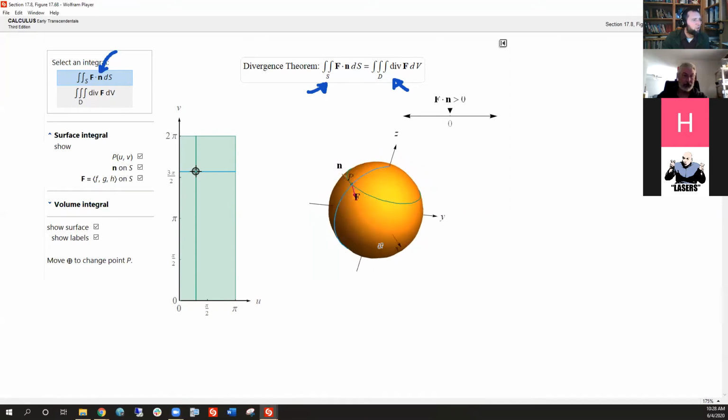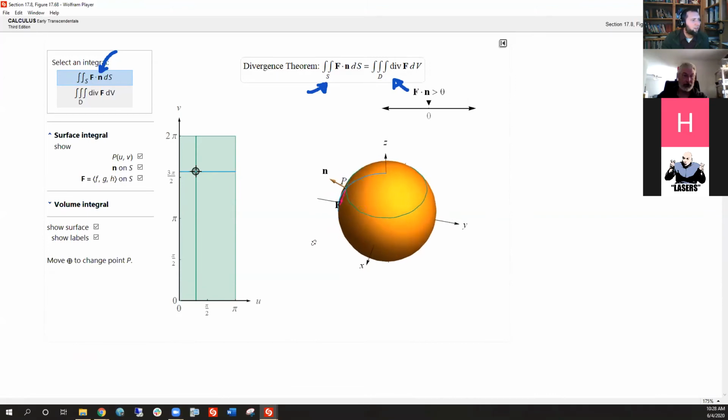So notice at this point that's given, the field is pointing kind of towards us. The normal component is perpendicular. How much of F is going to count toward the surface integral?